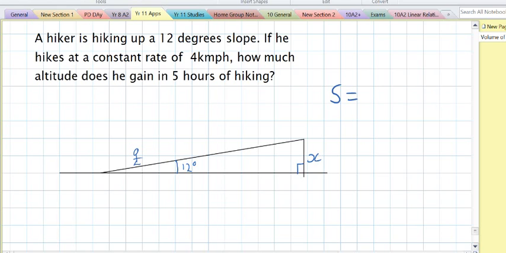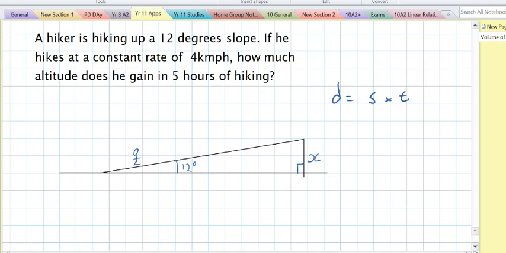Speed equals distance times time. What that's saying is that if he hikes... No, I lied, I got that the wrong way around. That's true, but it's not very useful for us. Distance equals speed times time. That's better.